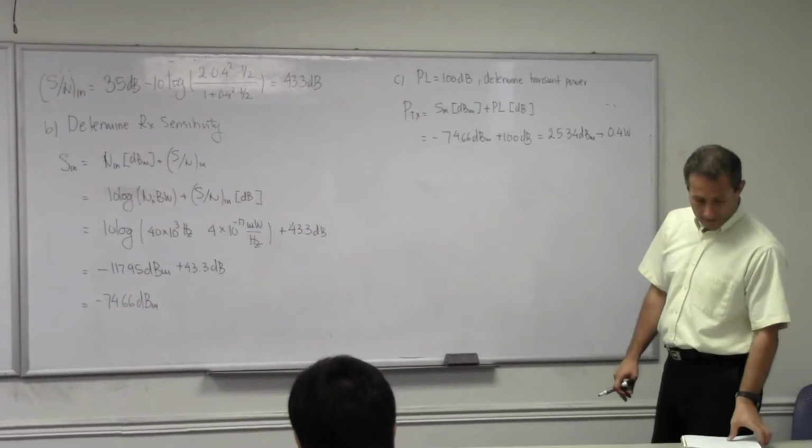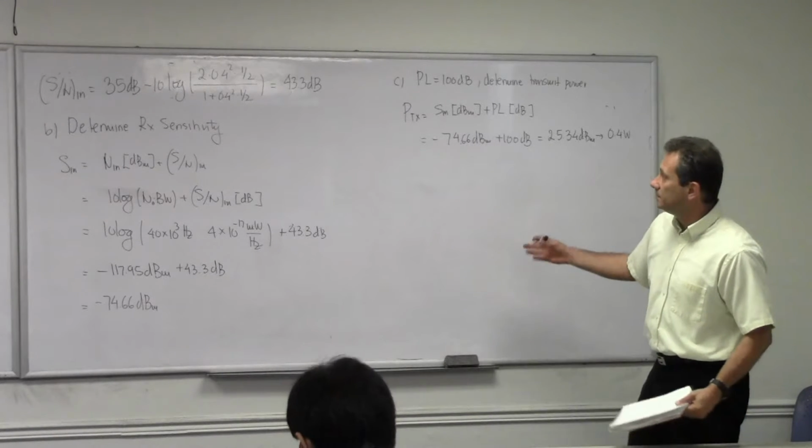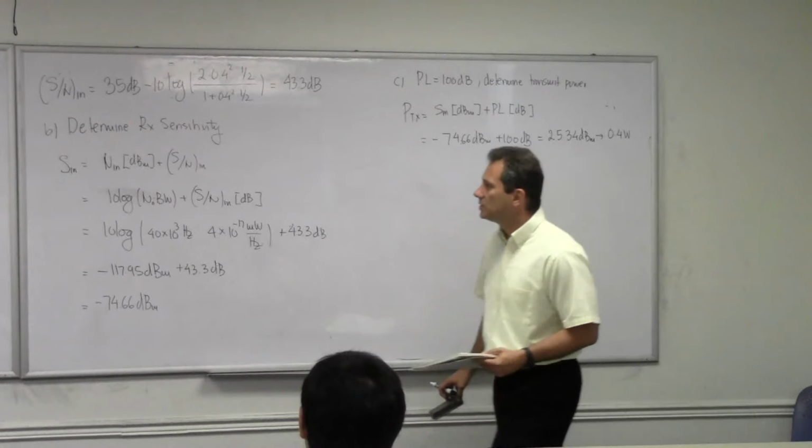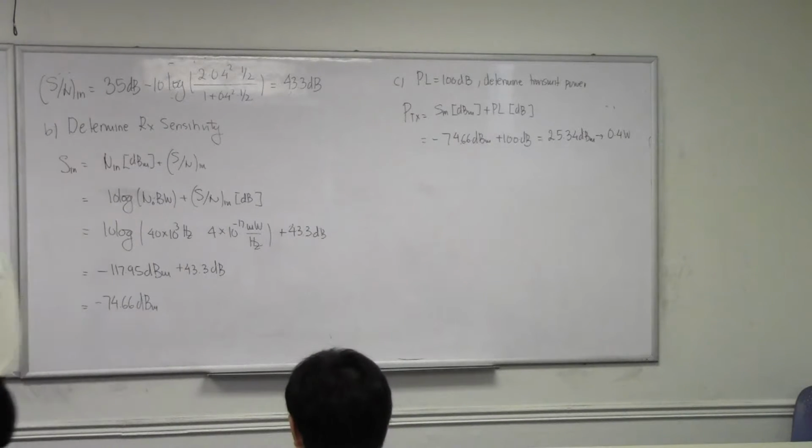Okay. All right, so that's a link budget problem using double-sideband large carrier. Let's look at a similar problem with FM.